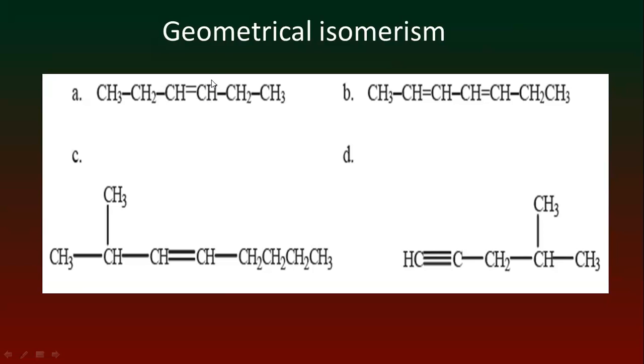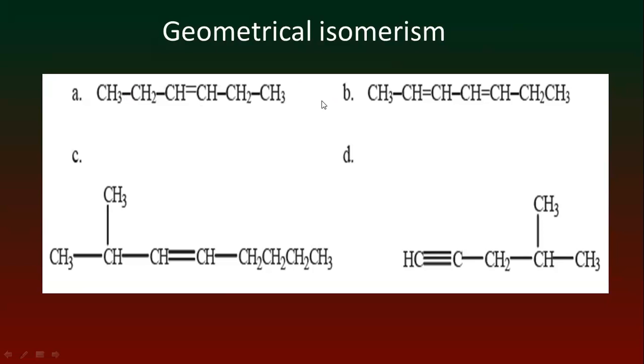One is a hydrogen group and another is an ethyl group, and the left carbon containing the double bond also has two different groups, a hydrogen group and an ethyl group. That's why the chemical name of the first compound is hexene, and it shows geometrical isomerism, so it will give cis and trans isomers.